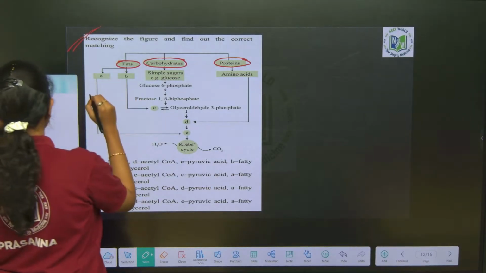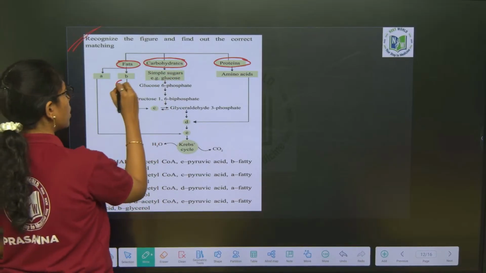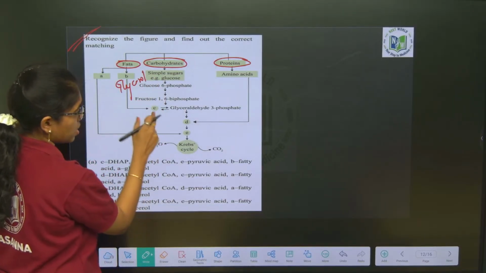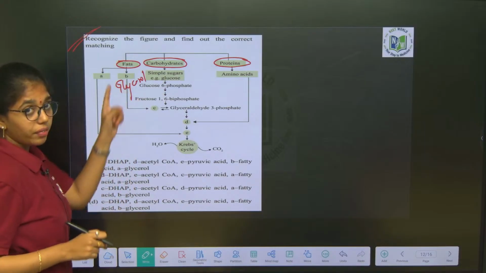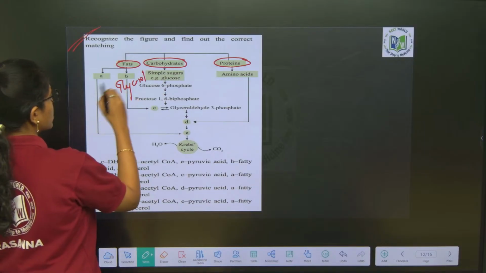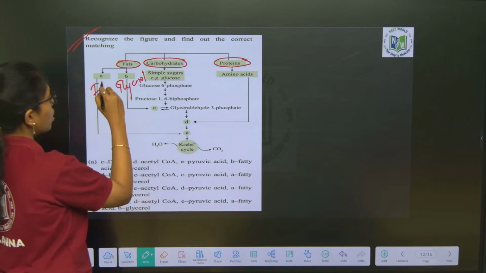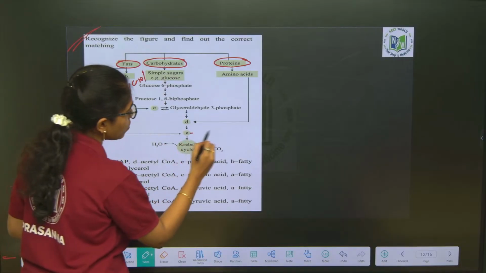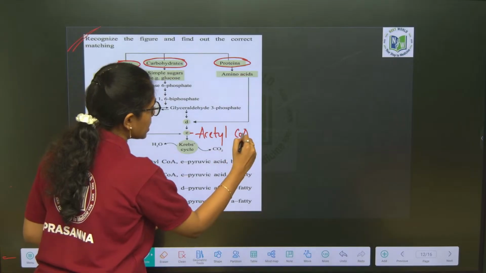We know glycerol will be entering the cycle of glycolysis at the 5th step as an intermediate. So B we can take as glyceraldehyde, and A can be taken as fatty acids and glycerol. Fatty acids will be joining the cycle as acetyl-CoA.